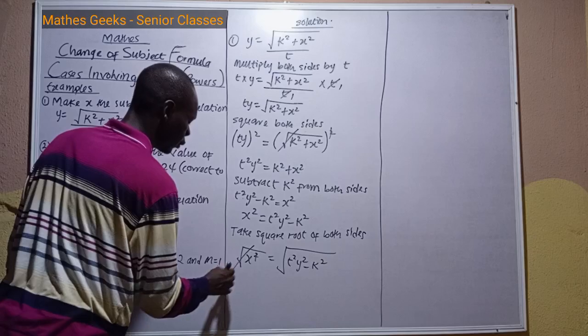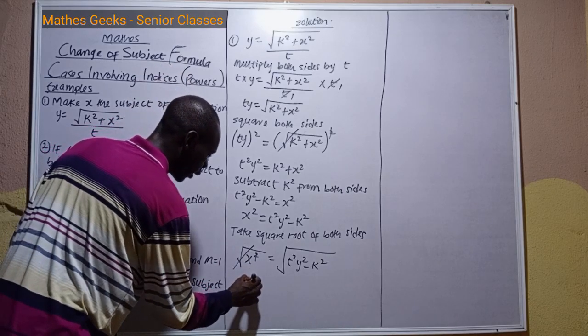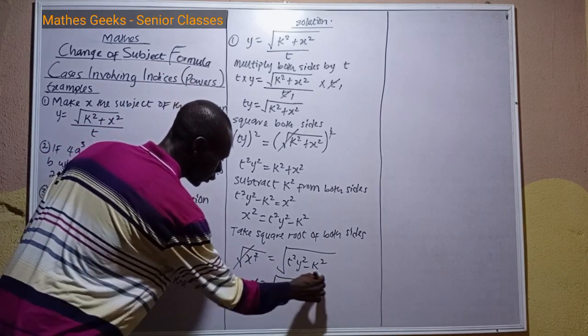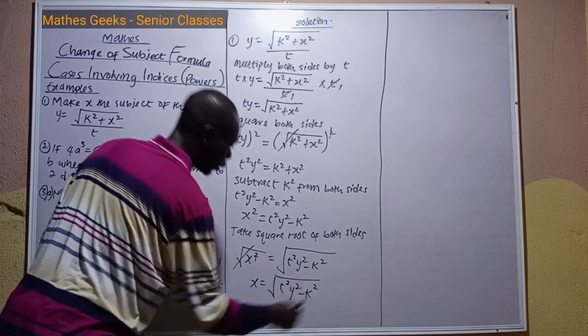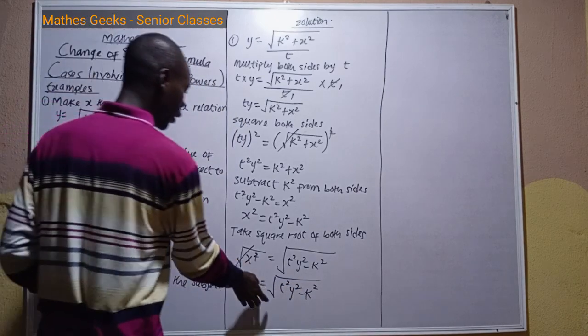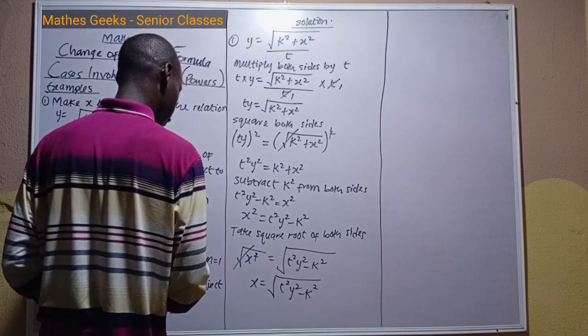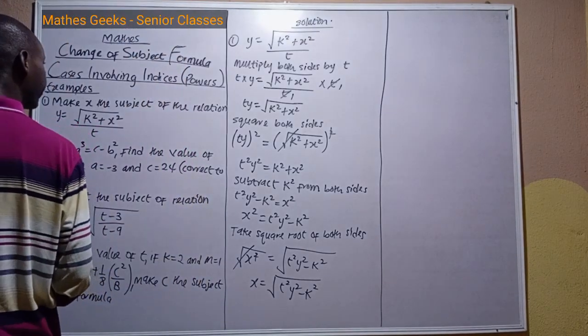So the power will cancel the square root sign. Therefore, x is equal to the square root of t squared y squared minus q squared. Now, x is the subject of the formula or the relation.